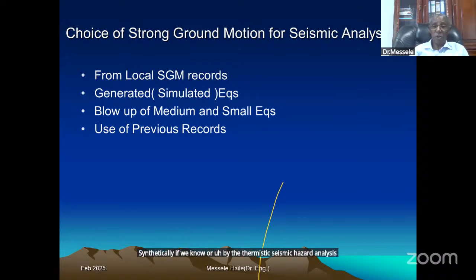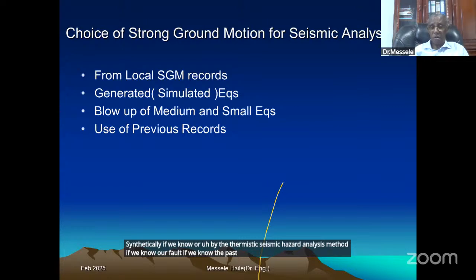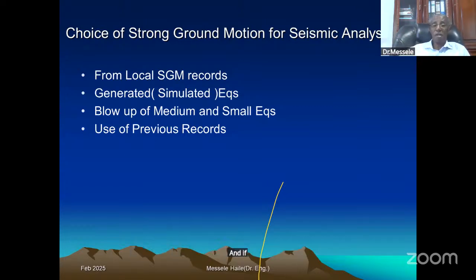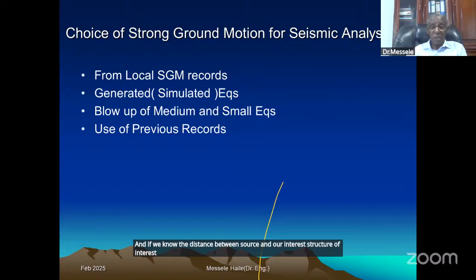If we know our fault, if we know the path, like the source, the fault area, the inclination of the fault, and so on, the characteristic of the rock at the fault, and if we know the distance between source and our structure of interest, the soil type, at least roughly in geological terms, rock, soil, and so on, we can develop like Green's function for the path, and we can generate an earthquake from fault and path. This is DSHA. It is not that accurate.